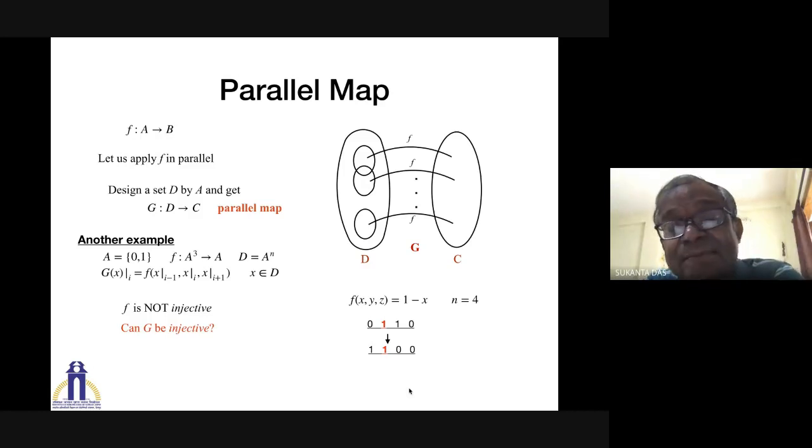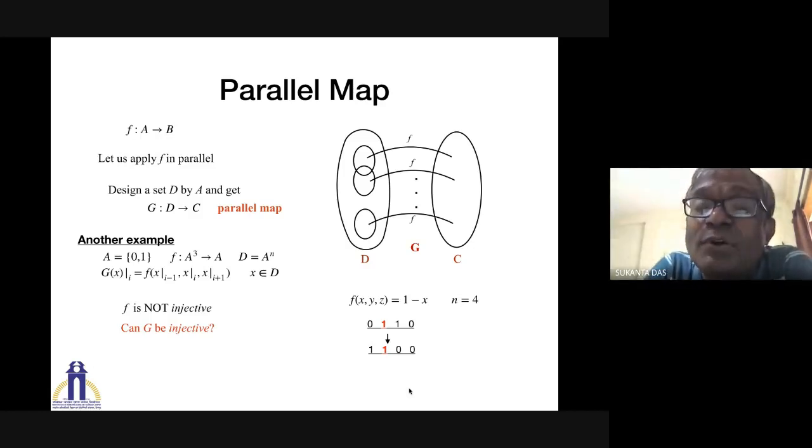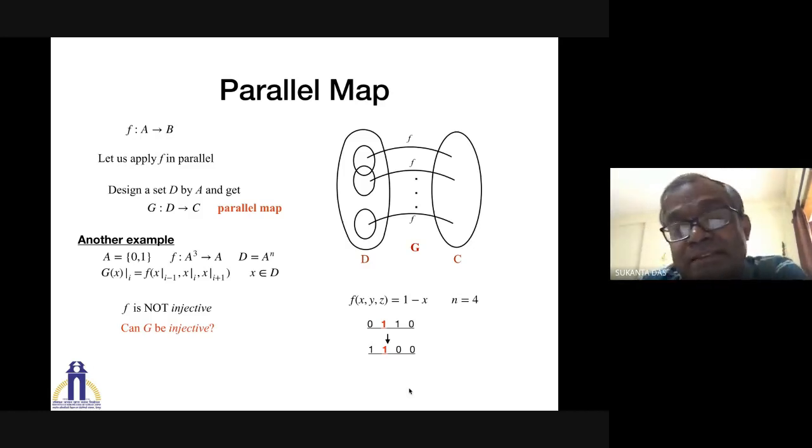Here x is 0, so f of 0 1 1 is equal to 1. So the red marked bit was 1, and after applying this function, it remains 1. Why is it so? Because f of x, y, z equals 1 minus x.